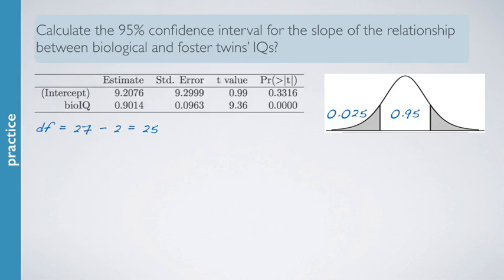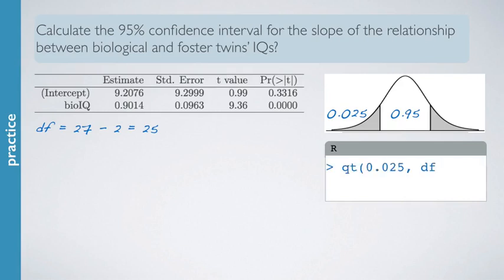So the cutoff value or the critical t-score can be calculated using R and the qt function as qt of 0.025 with degrees of freedom of 25. This is going to yield a negative value, negative roughly 2.06. But note that for confidence intervals, the critical value that we use always needs to be positive, so the t-star is going to be simply 2.06.